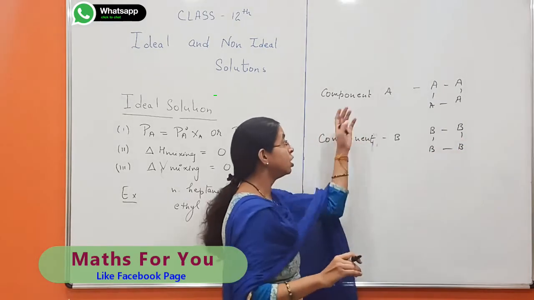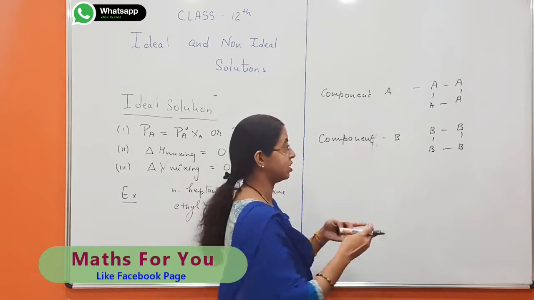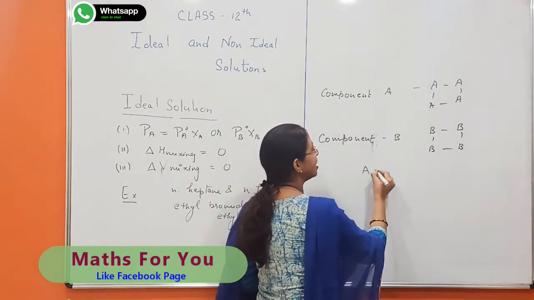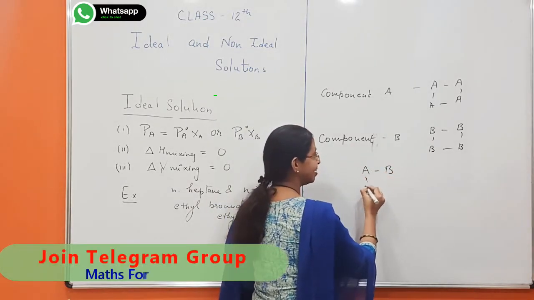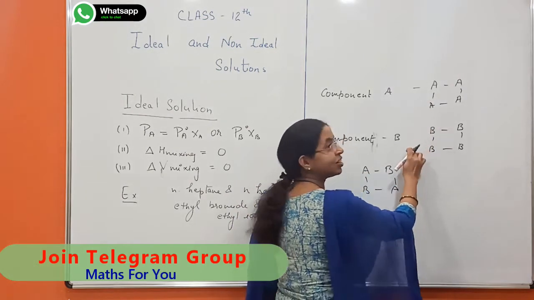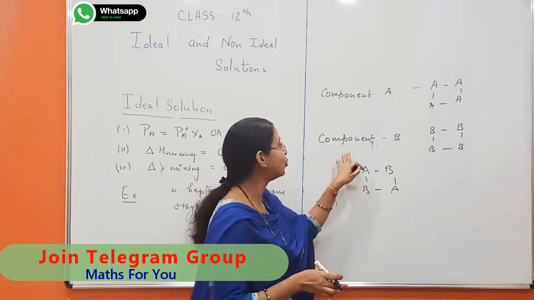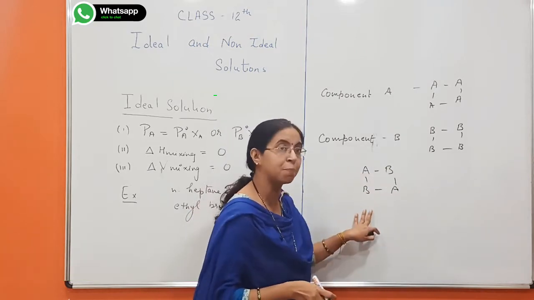Now when these two get mixed, there is interaction between AB particles. The AA and BB interactions are exactly equal to the interaction between AB particles.